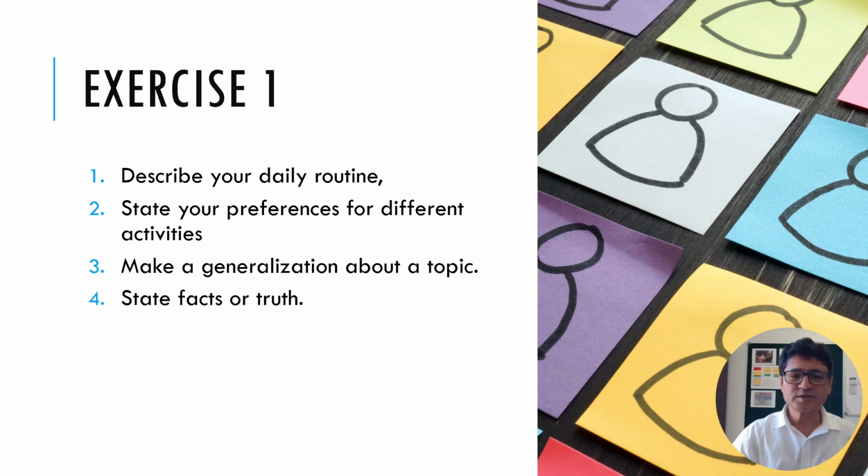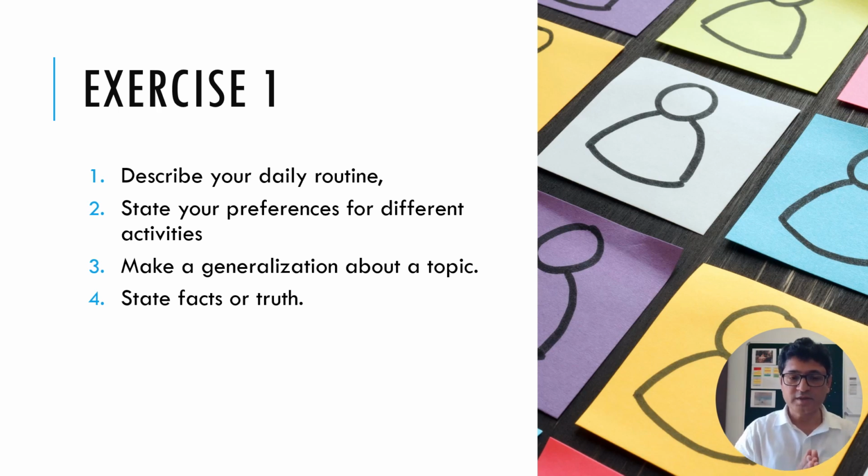Now, as I promised earlier, I'll be providing you some material for exercise. What I'll ask you to do is describe your daily routine. Write some sentences which express what you do on an everyday basis. I'll also ask you to state your preference for different activities, what you like to do, what you prefer to do, right?